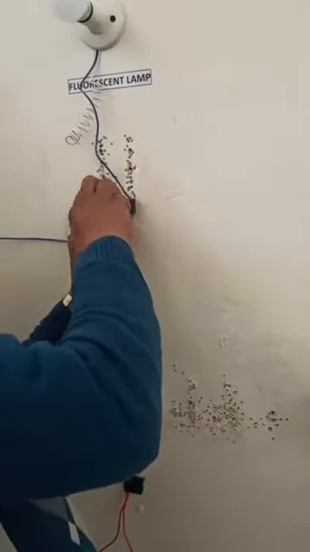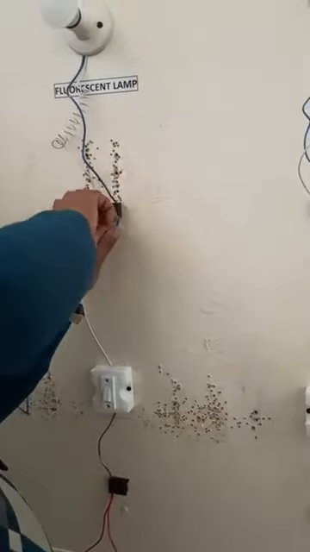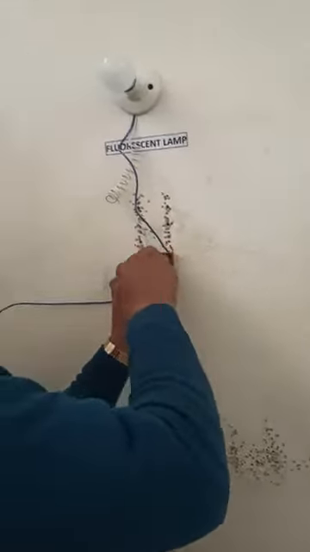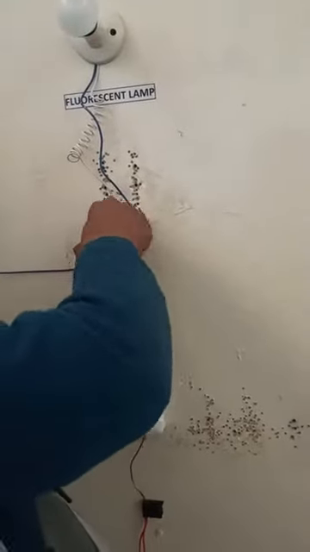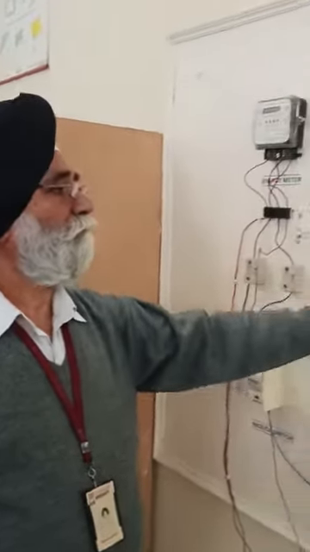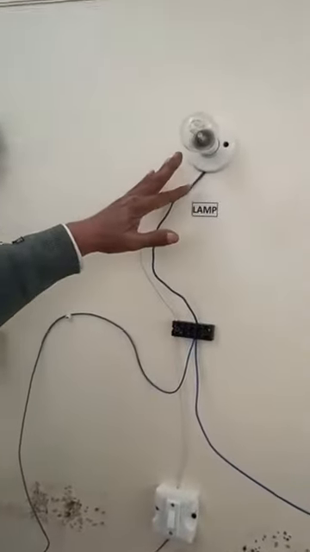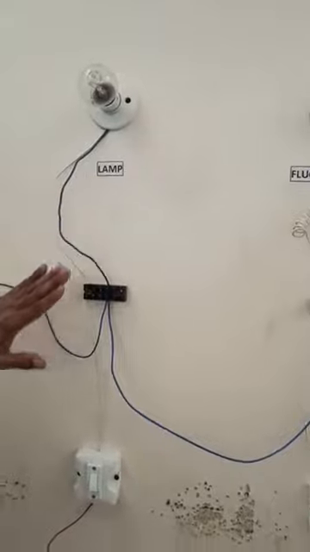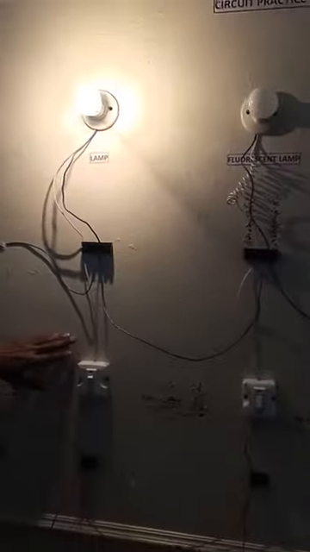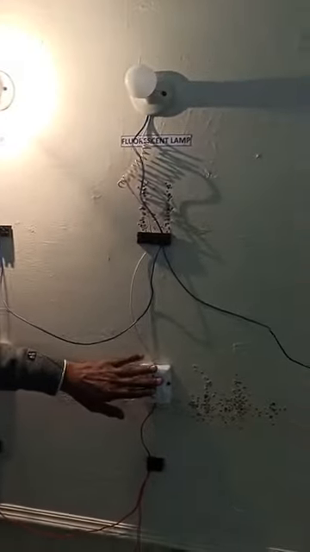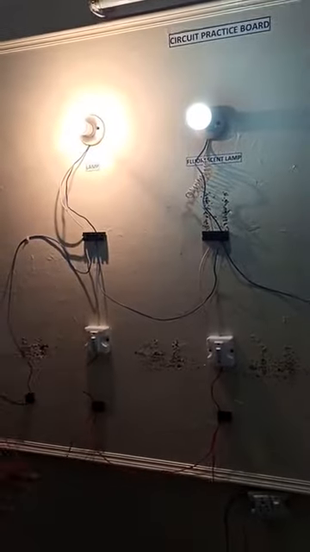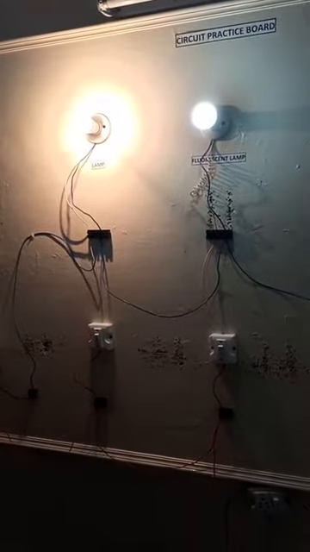So the circuit is complete for the second lamp also. Now we have completed the circuit for these two lamps. Now we can show you that these lamps are working. See the first lamp, it's working. Similarly, the second one is also working.